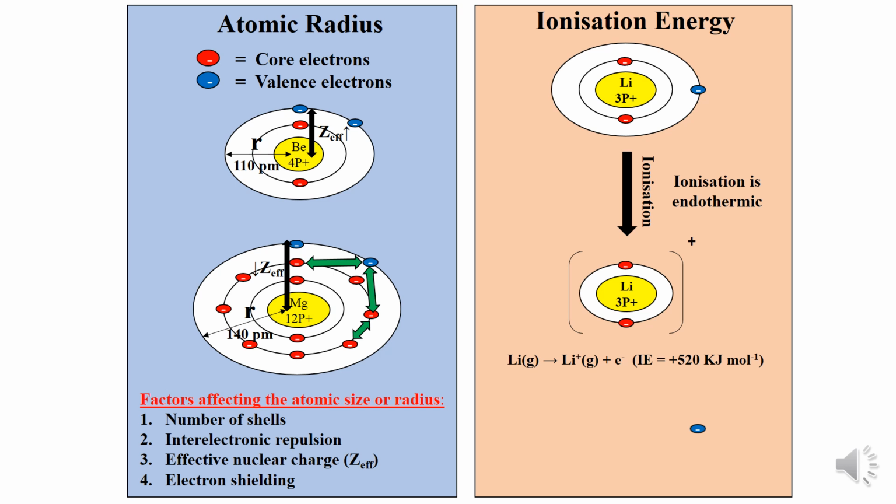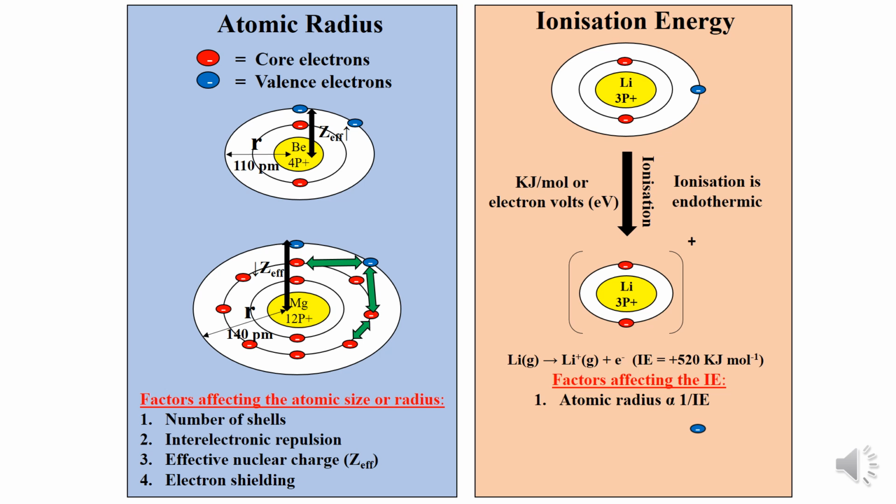So in order to remove the valence electron in the lithium atom, you need to overcome the Coulombic force of attraction. To overcome this force, you need to spend energy, and therefore ionization is an energy demanding process, or it is endothermic in nature. And ionization energy is measured in units of kilojoules per mole or electron volts.